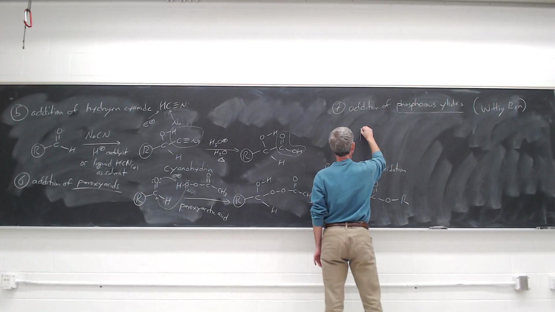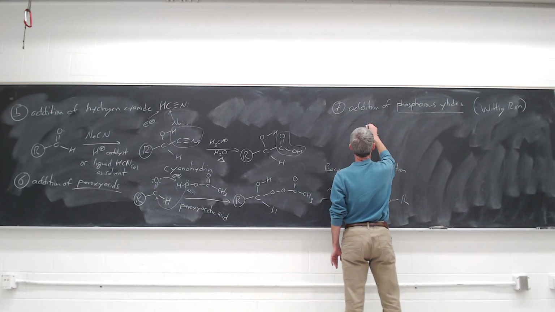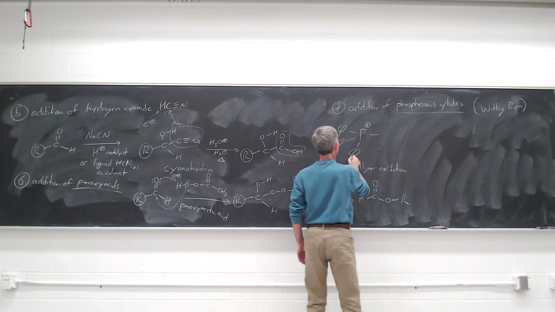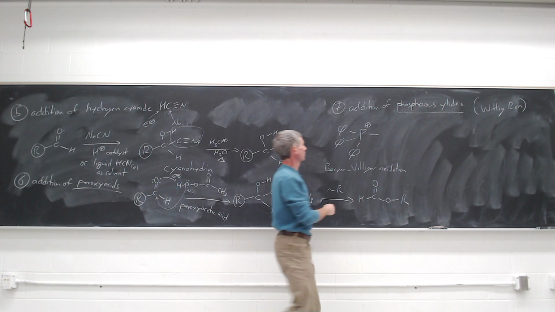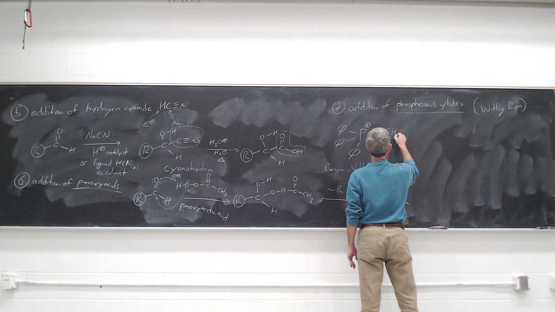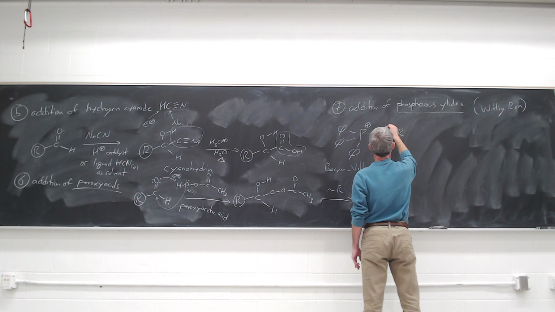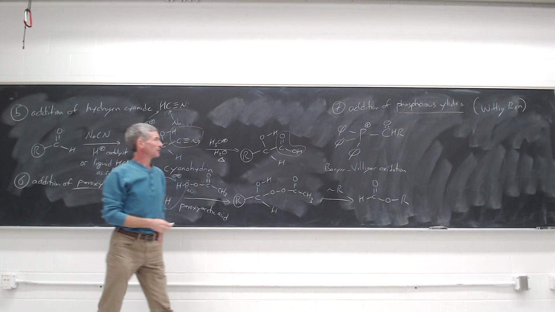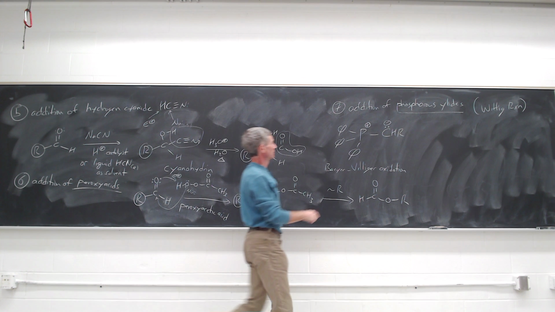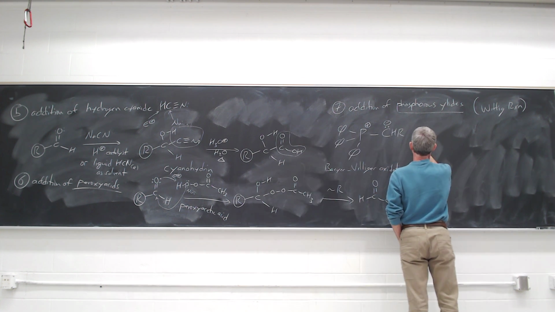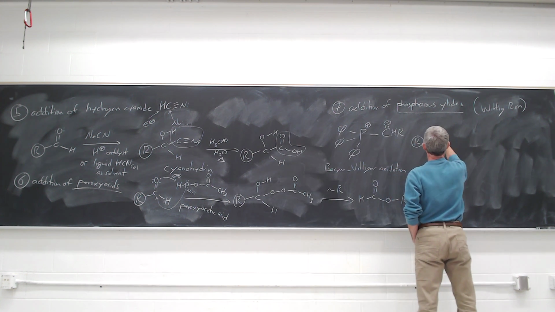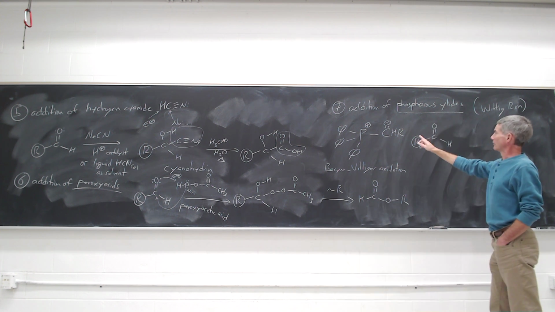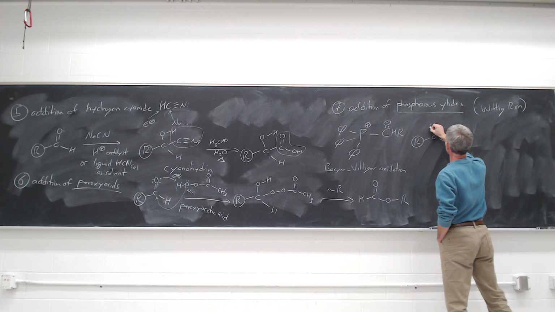In the case of a phosphorus ylide, we work with triphenylphosphorus and then a CHR with a minus sign on it. We're going to add across the pi bond, and we will actually end up making a carbon-carbon double bond.